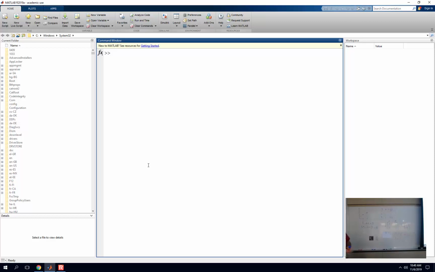The reason for this last one, we need all ones, right? So we have a column, we have one for each element, right? How many elements do we have? Same number as x. If you have two x values, we need two 1 values. That's why you have ones of length of x comma 1.